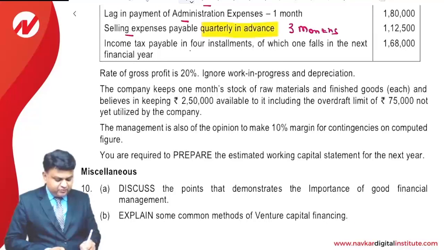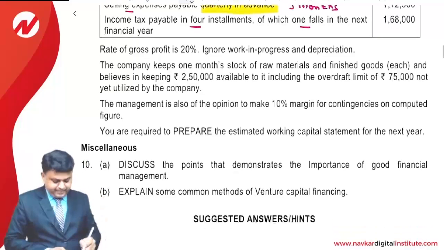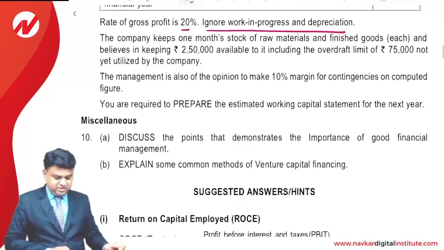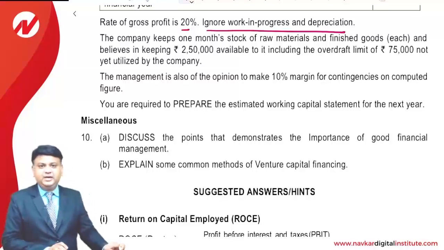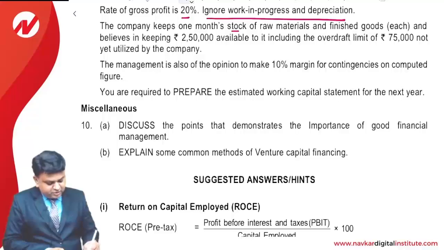Income tax is payable in 4 installments, of which one falls in the next financial year. Gross profit is 20%. Ignore WIP and depreciation, which means we are required to compute the working capital on a cash cost basis. The company keeps 1 month stock of the raw material and finished goods.